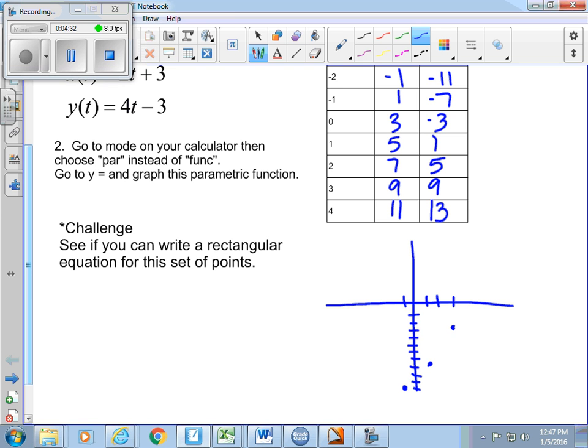Now, what you notice is graphically, I lose all the aspect of time because I take a moving graph and put it on a stationary picture. So I lose the time element once I put it down.